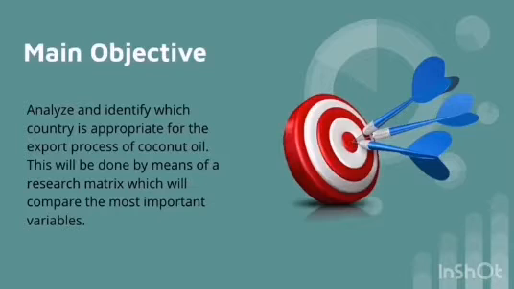We will establish which country meets the most important variables to facilitate the introduction to new markets. Each of the requirements of export logistics for products will be understood. In this case, the product will be coconut oil. Finally, the country most suitable for export will be effectively selected.